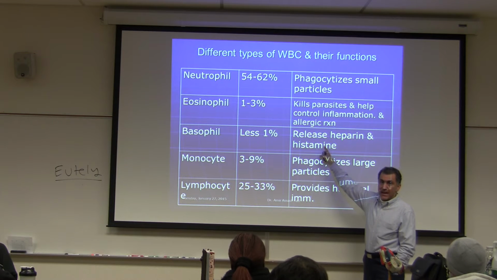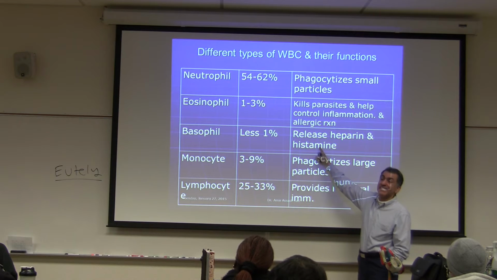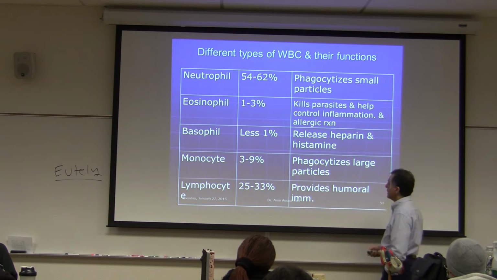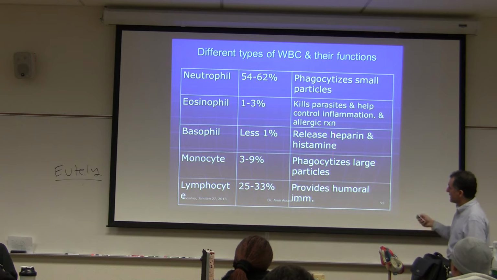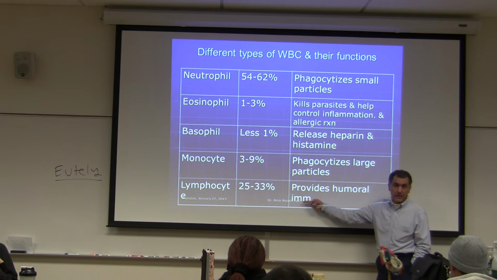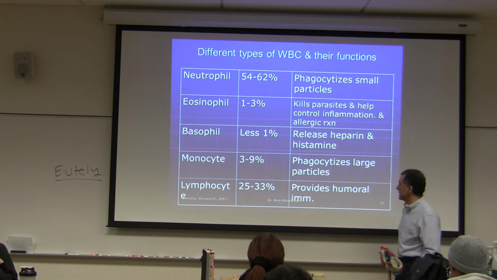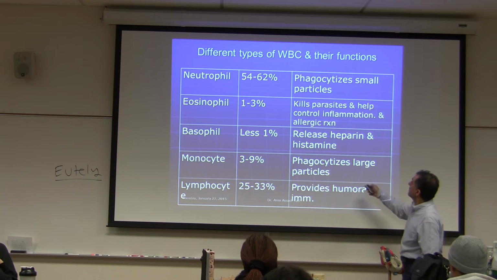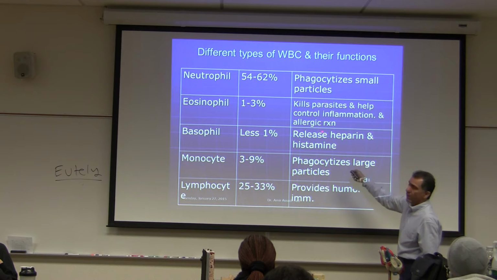When you have allergies, too much histamine is bothering you, so you take an antihistamine medication. Anyhow, this is the humoral immune response that we talked about, immunity. It kills parasites; we'll talk about parasites, but make sure you know these.